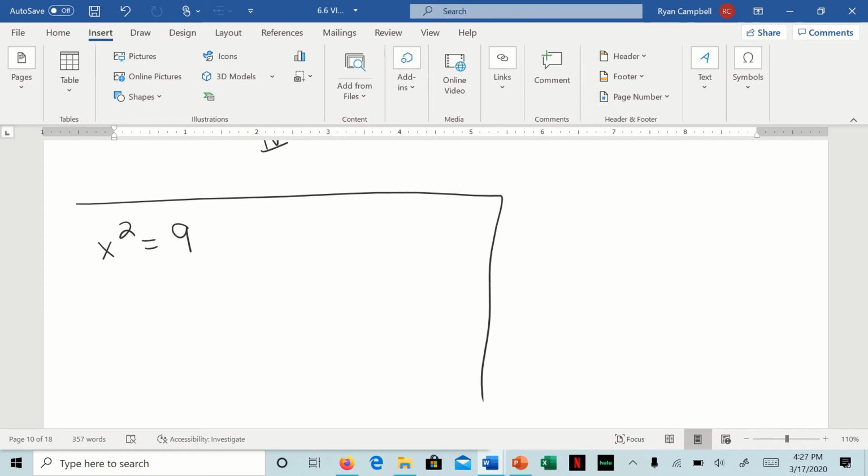Well, you take the square root of both sides, and since we are taking the square root, we know that x is going to be plus or minus 3, right? It has two different options. But what if I said x equals the square root of 9? Now, I have given you the square root. So you know, since I gave you the square root, you only want the positive version, so then x equals positive 3, right? This is kind of the same way.